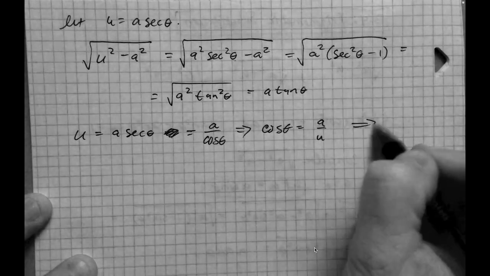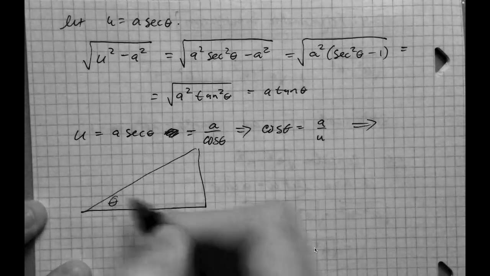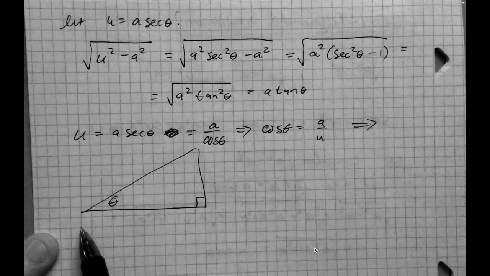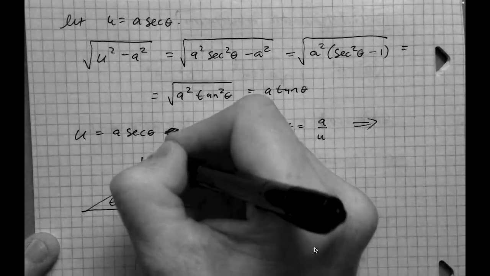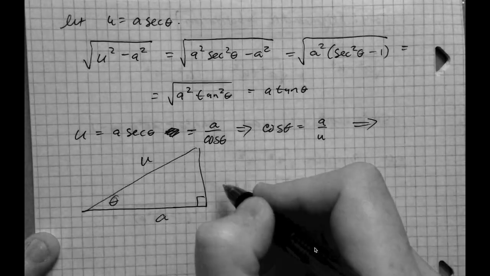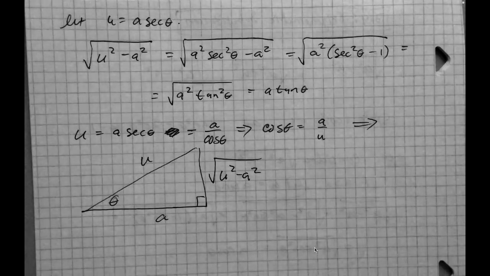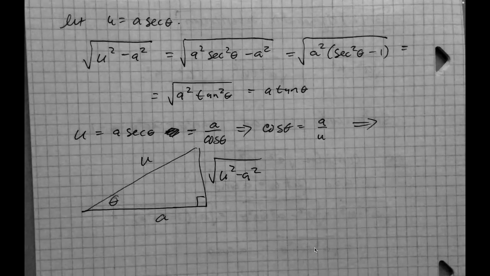So the triangle that's implied here is this. There's your theta and your right angle. And if the cosine of theta is a over u, then you're going to have your a here and your u there. And so that means you've got u squared minus a squared over here. All right. And so that is kind of the setup.